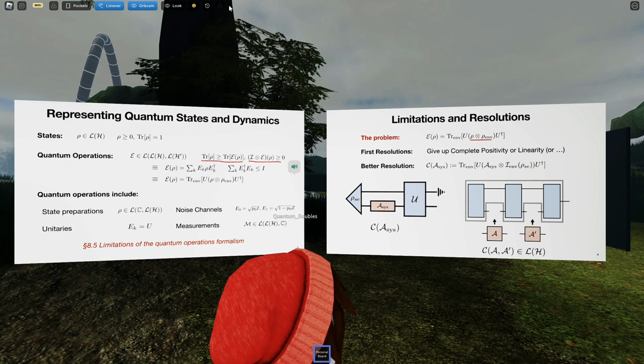And this is another limitation of the quantum operations formalism, that it only maps density matrices to density matrices between two times, time t0 and time t1, whereas ultimately a lot of the things we do in quantum mechanics is multi-time, and we want to investigate multi-time correlations, which is something native to the quantum combs formalism.